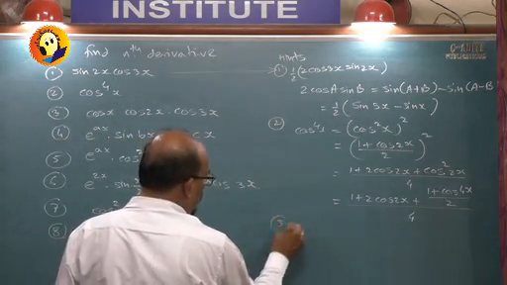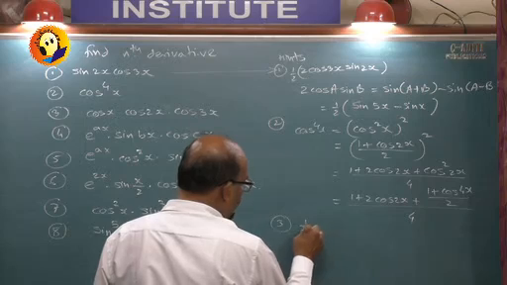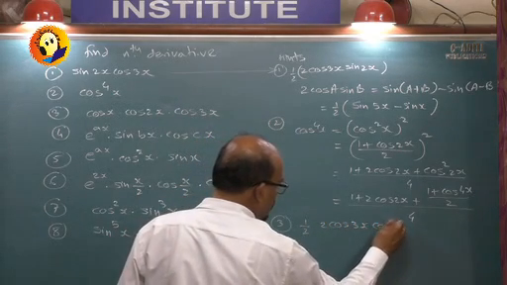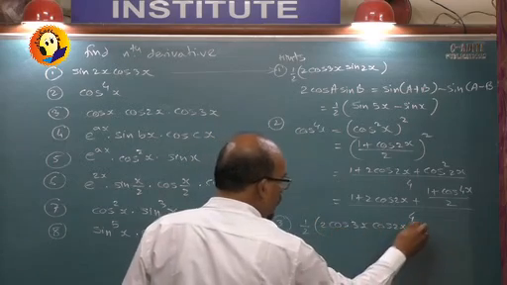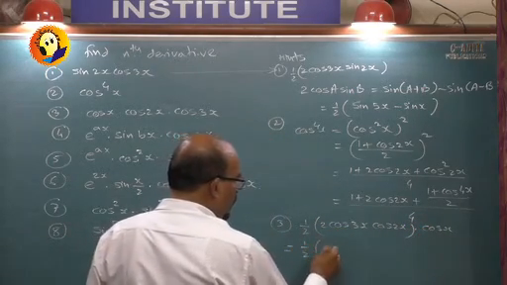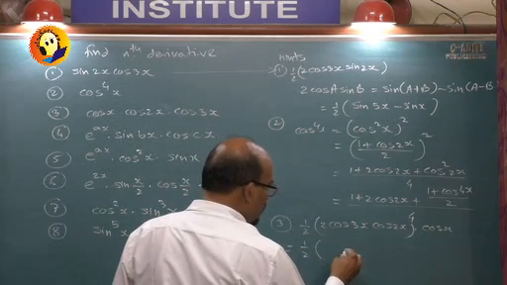For the third one, I will write it as half into 2 cos 3x cos 2x into cos x, which will become half (cos of a plus b plus cos of a minus b).